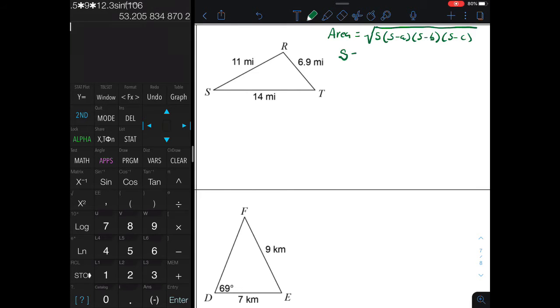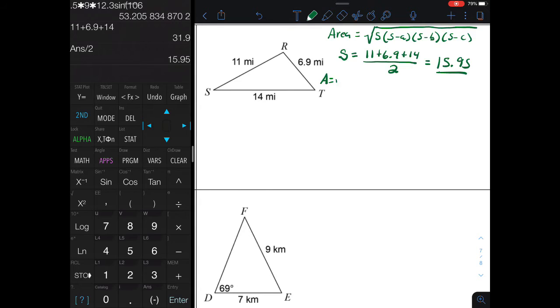The semi-perimeter, in this case, I'm going to add up all 3 sides and divide by 2. So 11 plus 6.9 plus 14, divide that sum by 2, and that's going to give us a semi-perimeter of 15.95. Now we're not done. That's just the semi-perimeter that we use in our area formula.